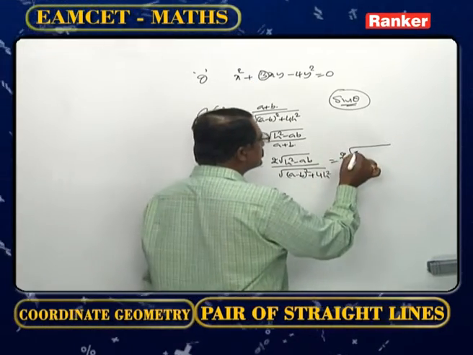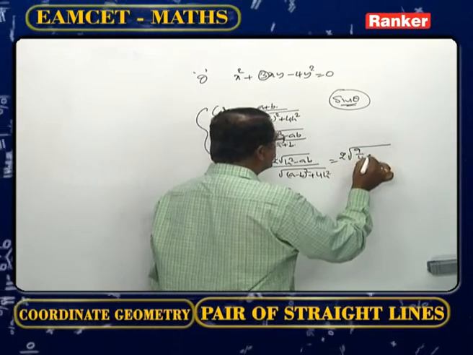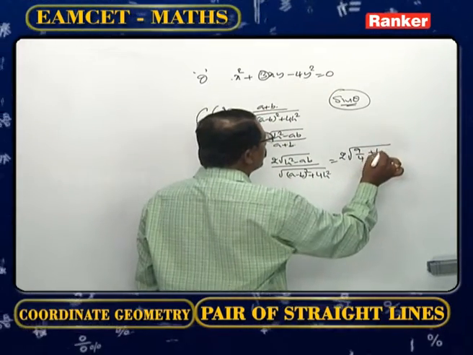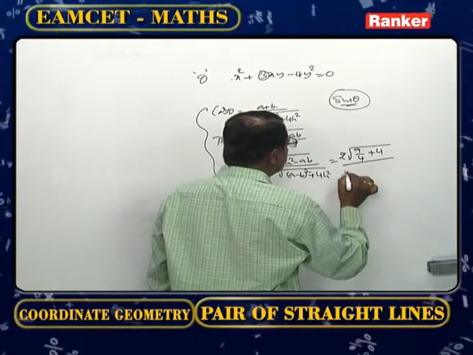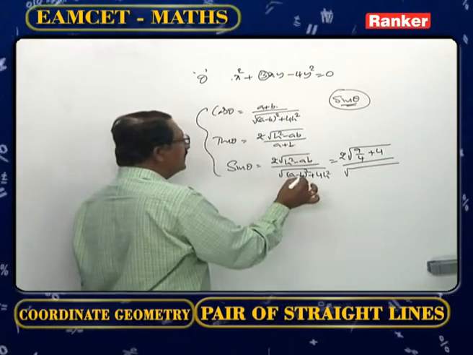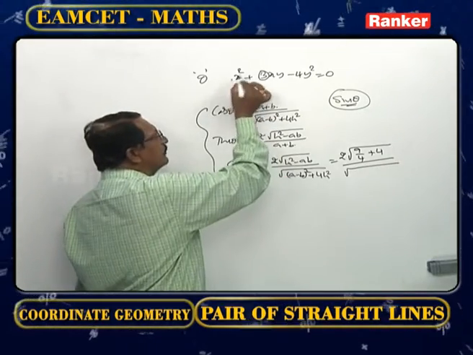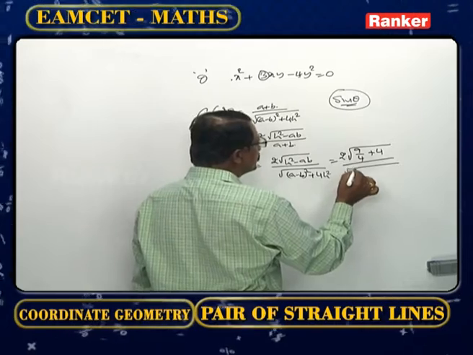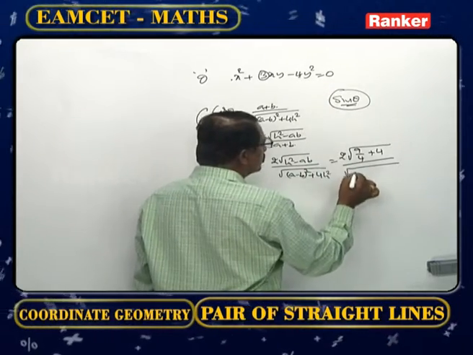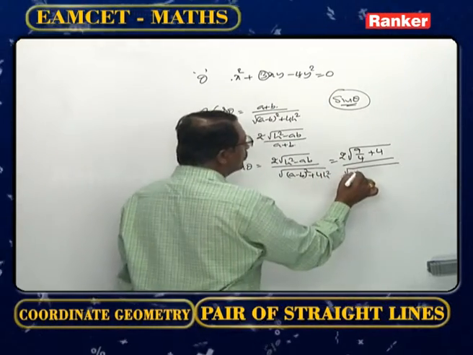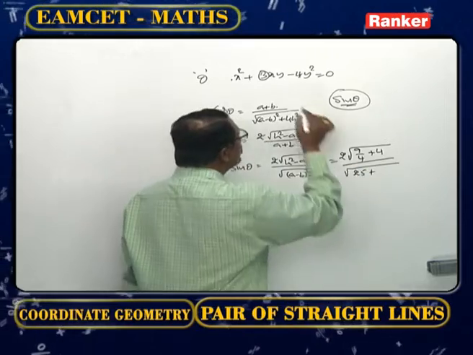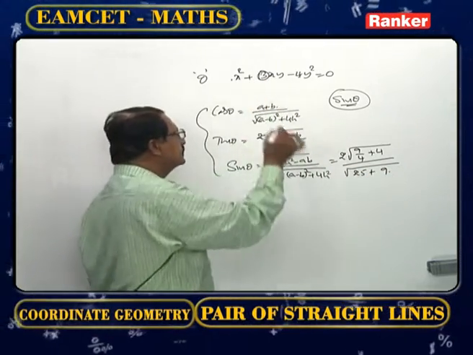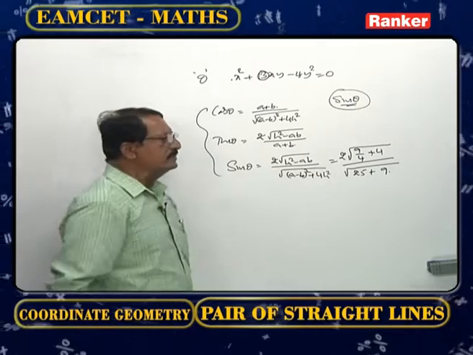Now h squared equals 9 by 4, minus ab, which is minus of minus 4, that is plus 4, by square root of (a minus b) whole squared. Here a is 1 and b is minus 4, so a minus b is 1 minus of minus 4, that equals 1 plus 4, which is 5, 5 squared is 25, plus 4h squared, which is 9. Here 2h equals 3, so 4h squared equals 9.